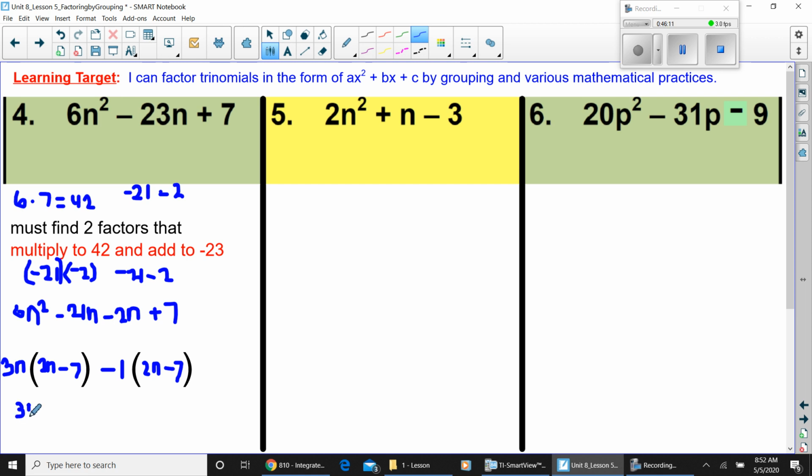You have 3n minus 1 in the parentheses. You have the 2n minus 7. And that is your answer.